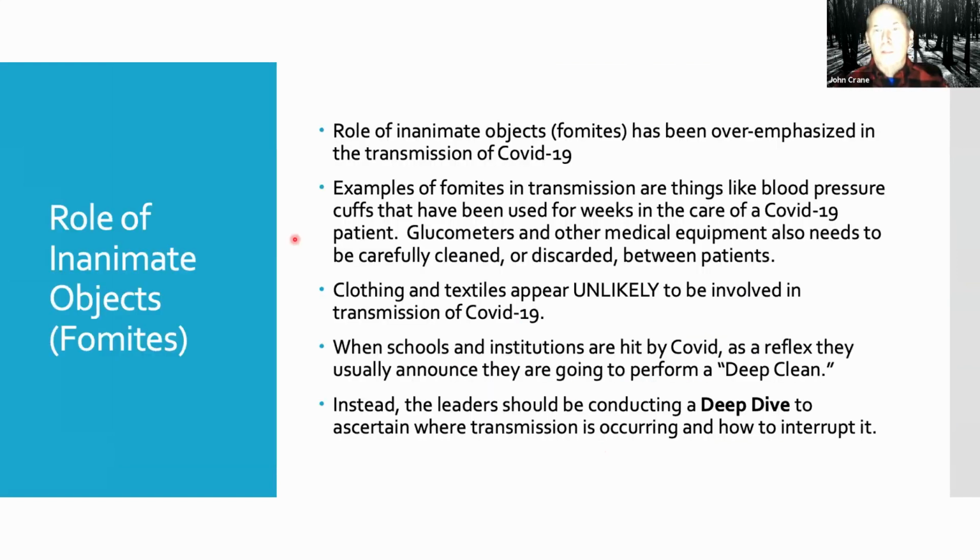Okay, now people often ask about what is the role of inanimate objects, which in epidemiology speak are called fomites. So inanimate objects or fomites have often been overemphasized in the transmission of COVID.